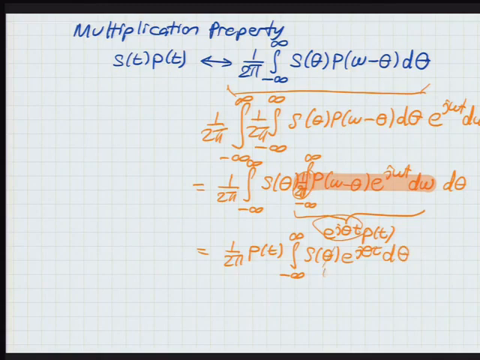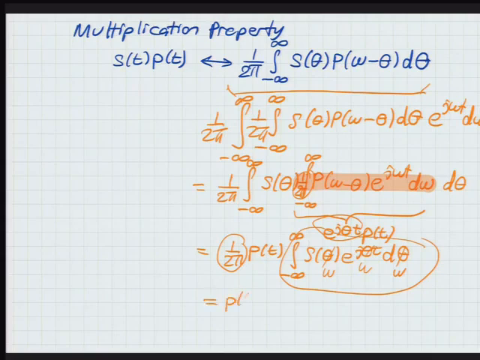It could just as well have been omega, right? So that means what we have here, including 1 over 2 pi, looks like the synthesis equation for S. So that's S of t. So what we get is the product of P of t and S of t.